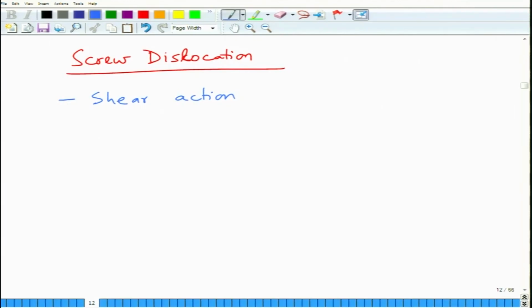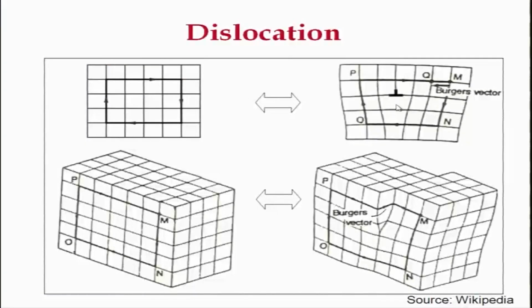For this I need to take help of an illustration. This was the edge dislocation, where we had a Burgers circuit that showed the extra step. In the screw dislocation, you have two parts of the crystal sheared in this fashion.